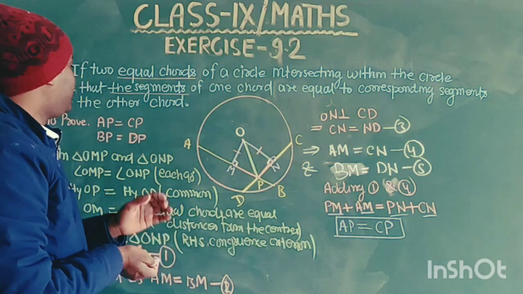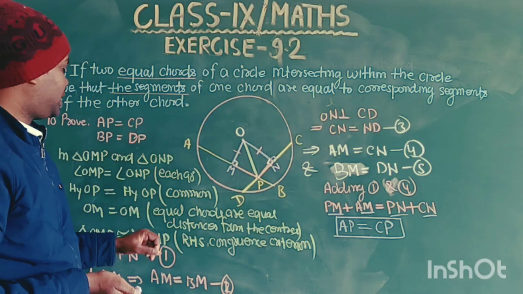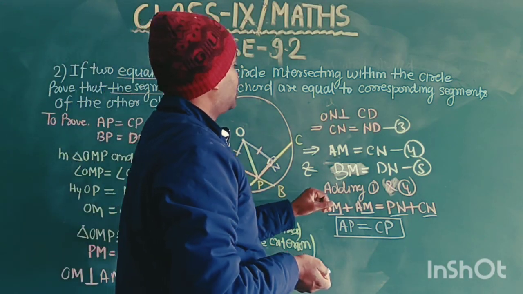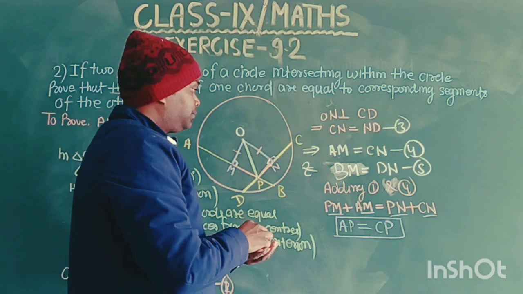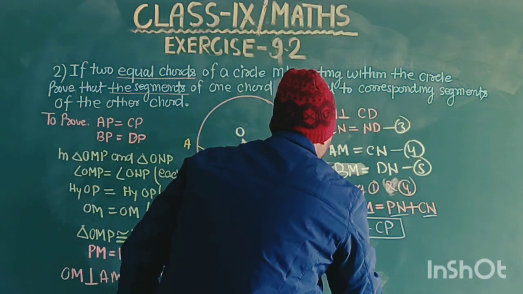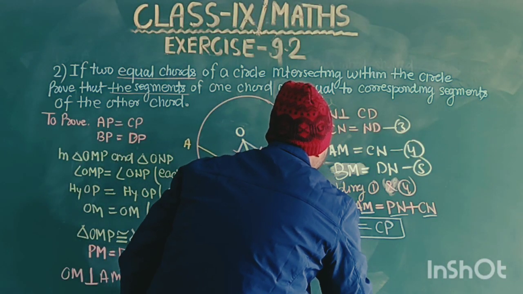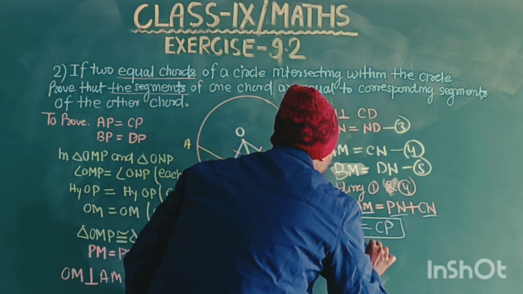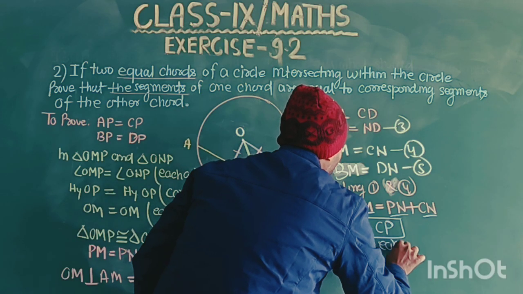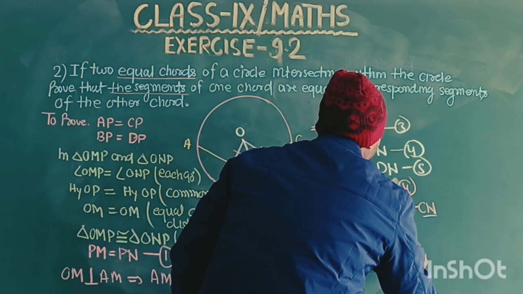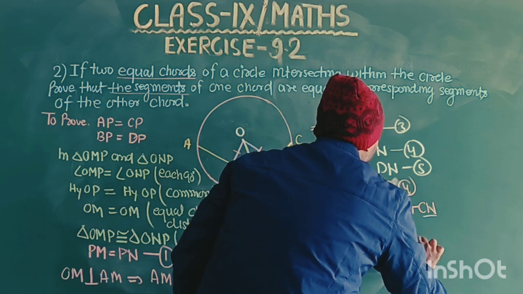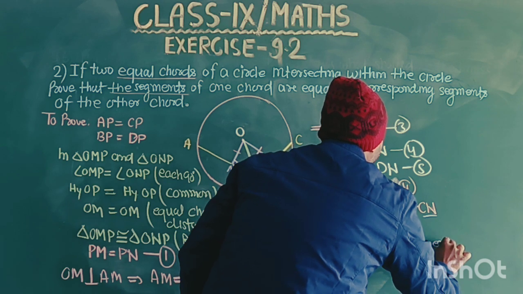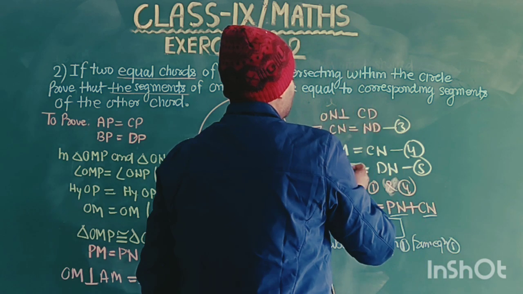And similarly we have to prove BP equal to DP by subtracting equation 1 from equation number 5. So write, subtract equation 1 from equation 5.